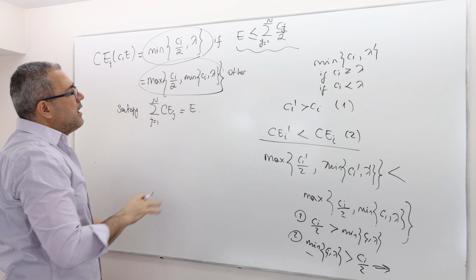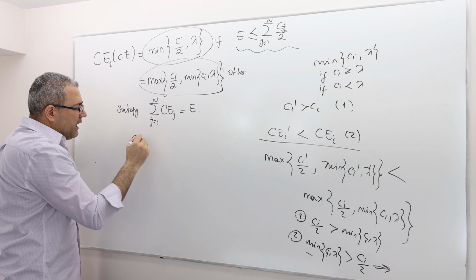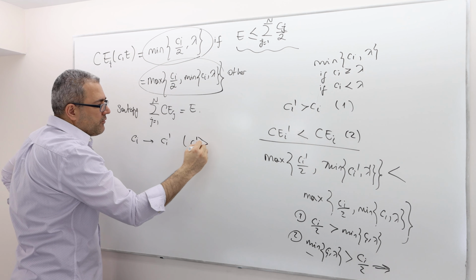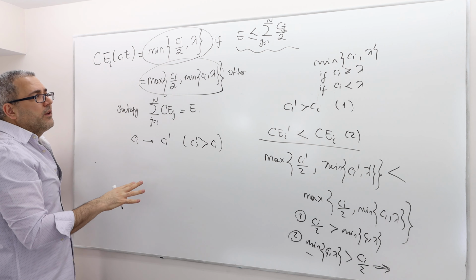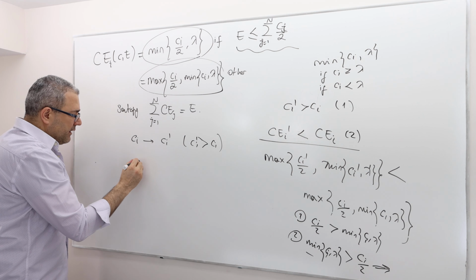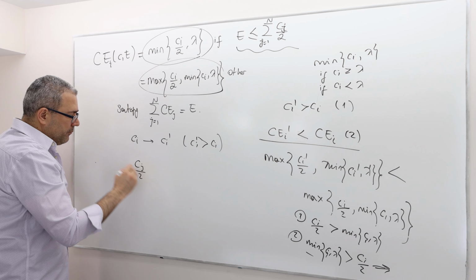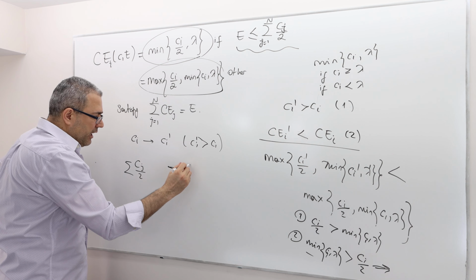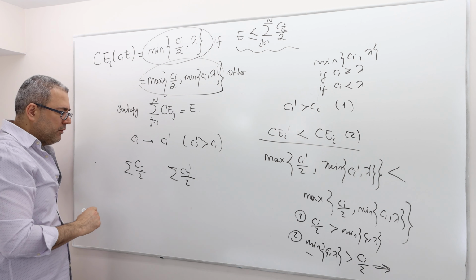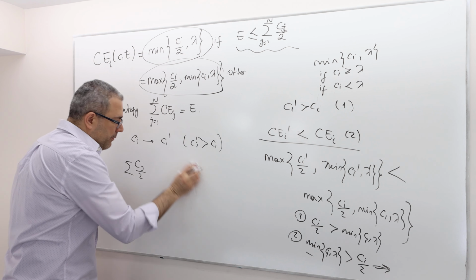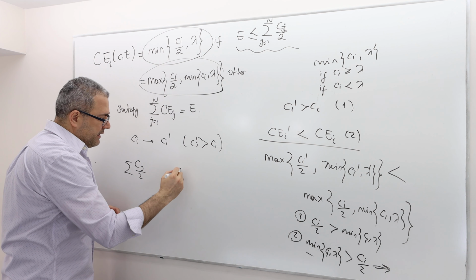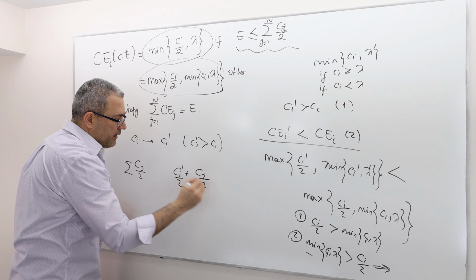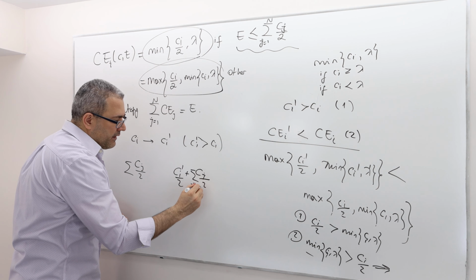So here, when we increase Ci to Ci prime, so that Ci prime is greater than Ci, what we do is that this sum of Cj divided by 2 now becomes Cj prime divided by 2, all right? I mean, actually, it's going to be Ci prime over 2 plus the sum of Cj divided by 2, j different than i.